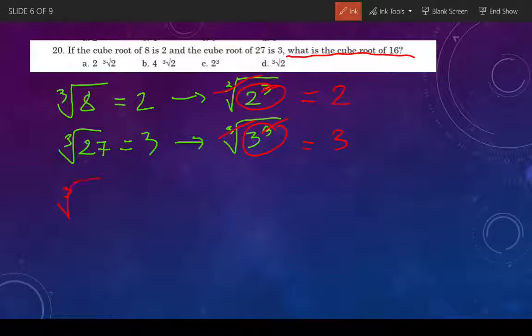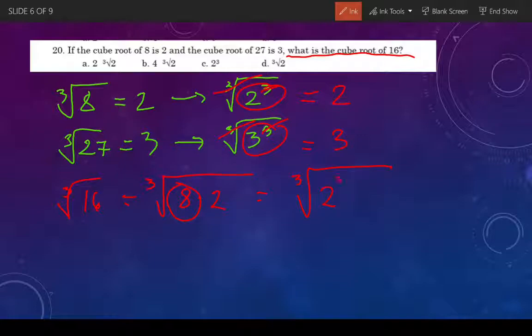Cube root of 16. Kung mapapansin nyo, wala namang perfect cube number na pwedeng maisip sa 16. Kaya ang gagawin natin, we're going to think of a factor na perfect cube. At ang perfect cube na yun ay 8. So, we're going to factor 16. We have 8 times 2. And then, let us rewrite 8 as an exponential number.